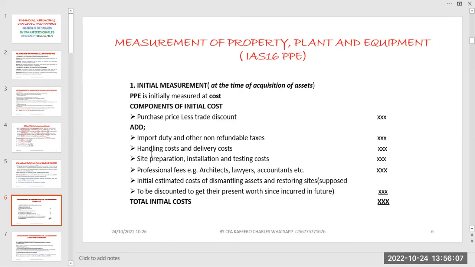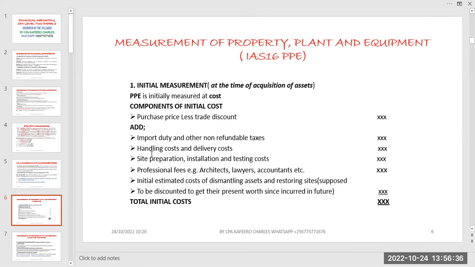If you are buying a car, you may find that you'll get a mechanic who can just try to drive it and see what is missing within the asset and how the asset is operating. So those costs you are incurring to that person, they are supposed to be capitalized, or they are supposed to be included within the total cost.